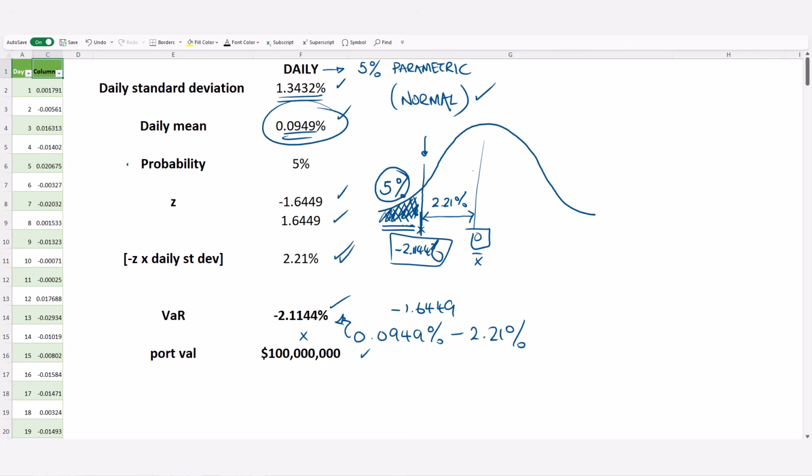Simply multiply it by your portfolio value, and we have our 5% daily VaR on a parametric basis. We can tell clients that this portfolio will have losses exceeding 2.114394% 5% of the time.